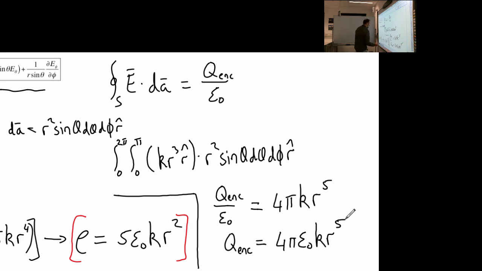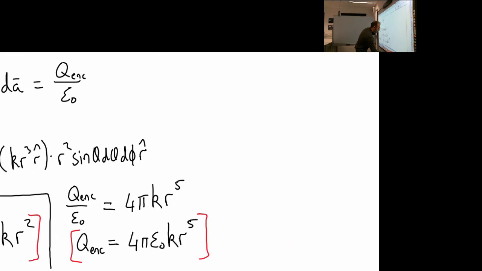Okay, so this gives us our total charge enclosed. So we can also do it another way. We can also determine the total charge enclosed by looking at our volume integral.